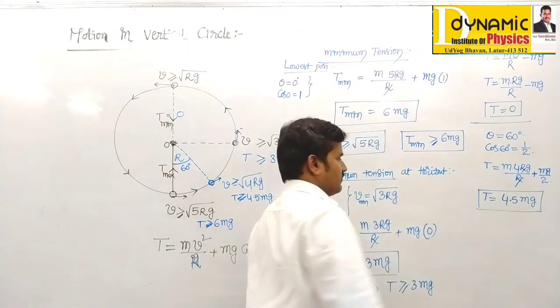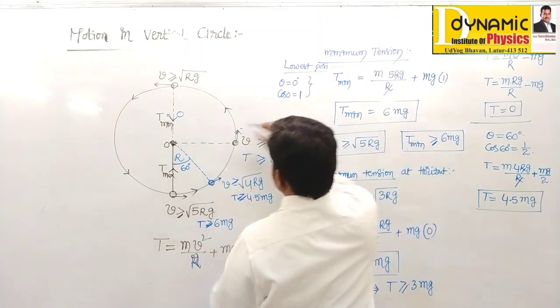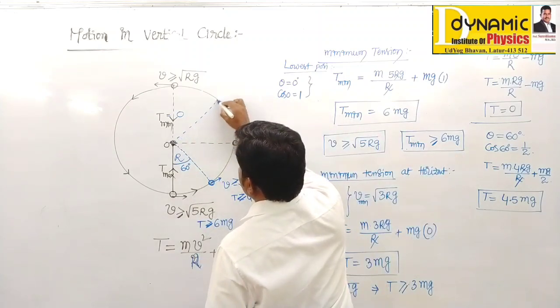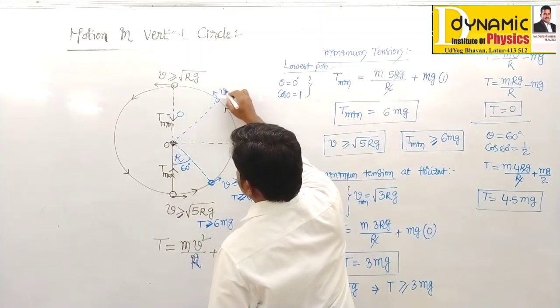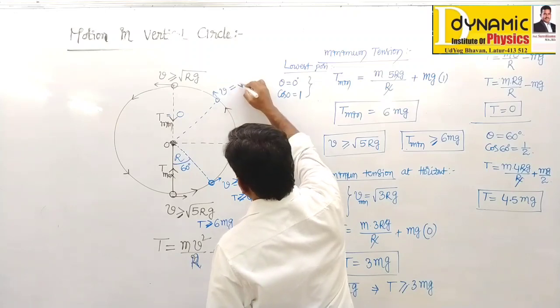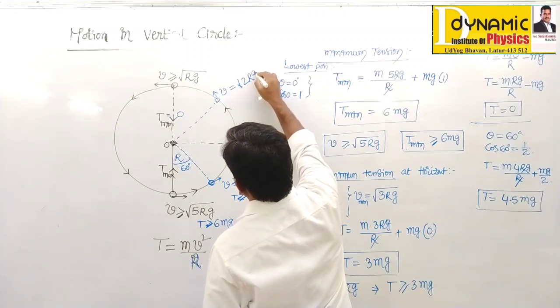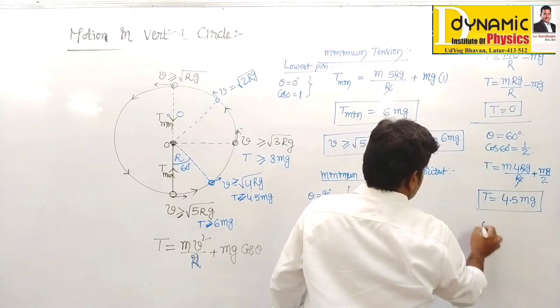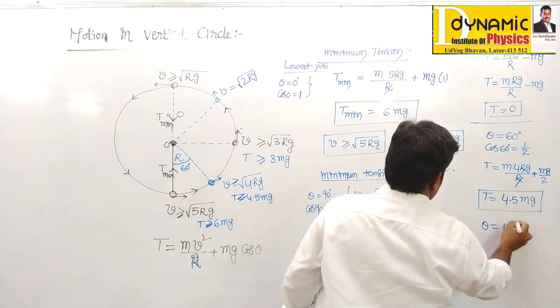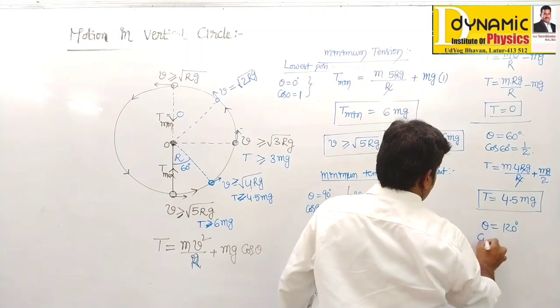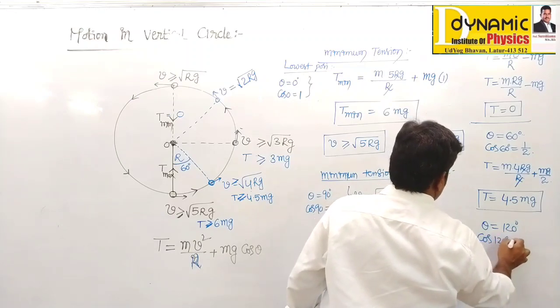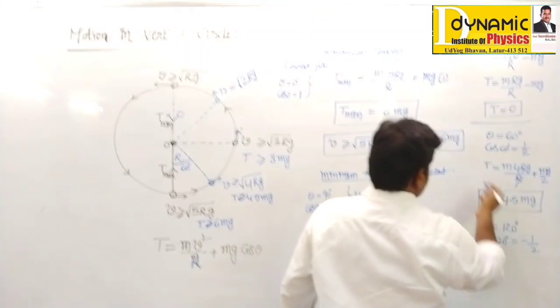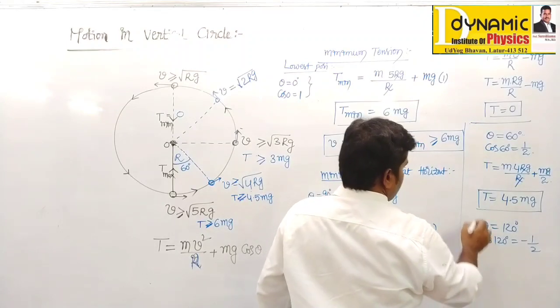And suppose theta equals 120 degrees. Here the velocity becomes root 2 rg. Theta becomes 120, and cos 120 is minus half. What is the value here?